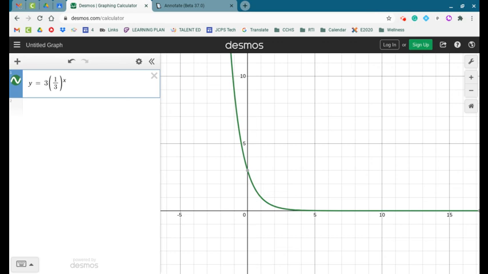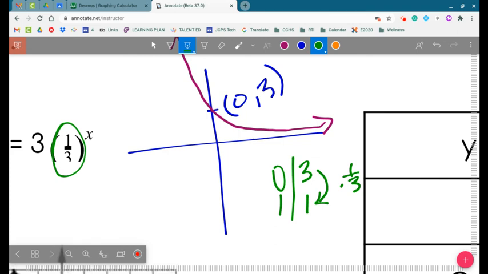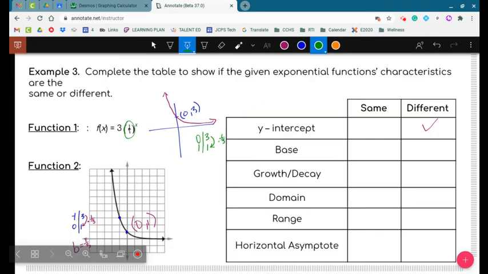It crosses at (1, 1). So (0, 3) and (1, 1). From 3 to 1, I'm also multiplying it by 1/3. So you can see that your base is 1/3. You can kind of check yourself. So this one, our bases are both the same.